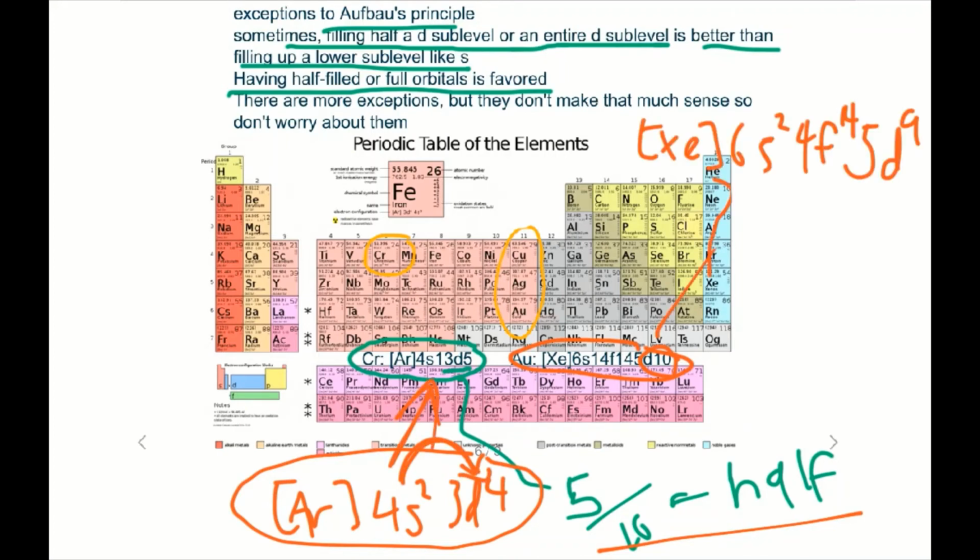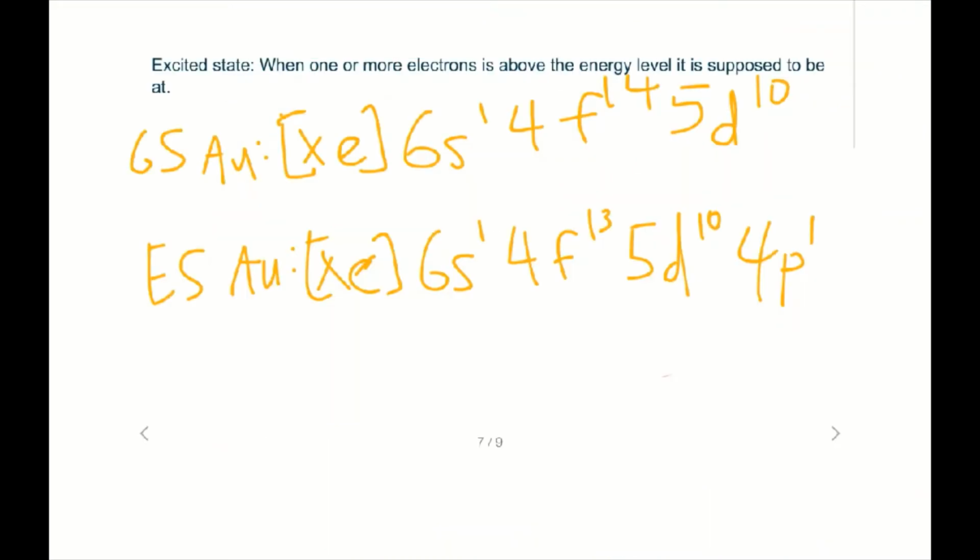And if you write the electron configuration for gold normally, you get this. But since 9 is so close to 10, which is a full shell, it decides to sacrifice one 6s electron and turn it into that. So that's how you can identify these exceptions on the periodic table, and you should just look at these for chromium, copper, silver, and gold. Let's take a look at the next topic.